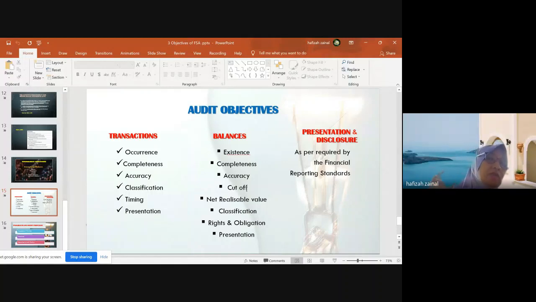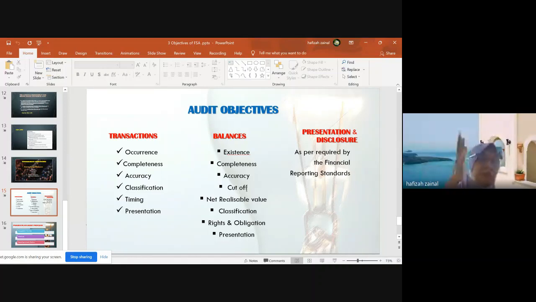So if you remember your audit objectives for the transactions and balances and understand the concept, then you will be okay in auditing fundamentals, because the other half of the final exam is all about practical application of how to do the audit.